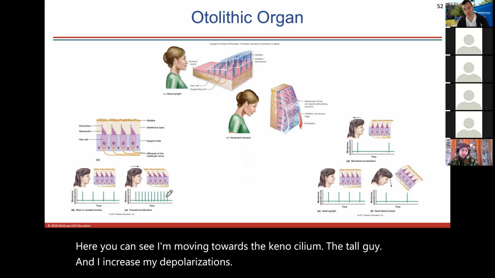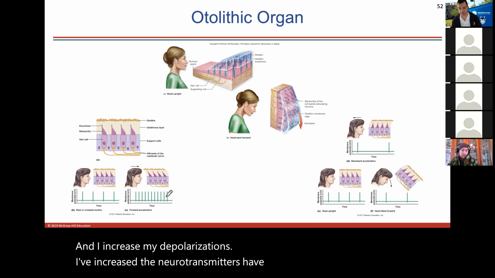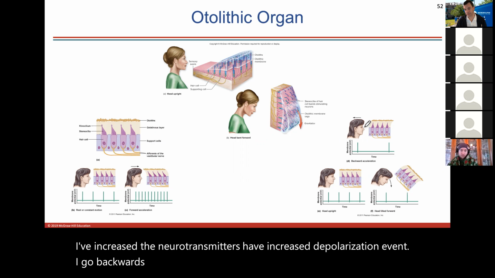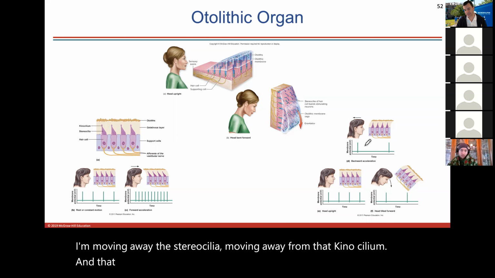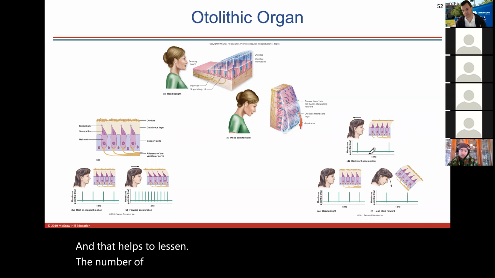I've increased the neurotransmitters. I've increased the depolarization event. If I go backwards, as in the example here, I'm moving away from that kinocilium, and that helps to lessen the number of depolarizations that are occurring there.